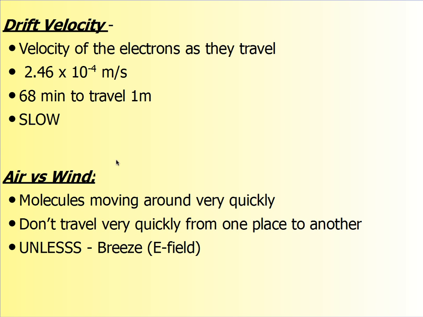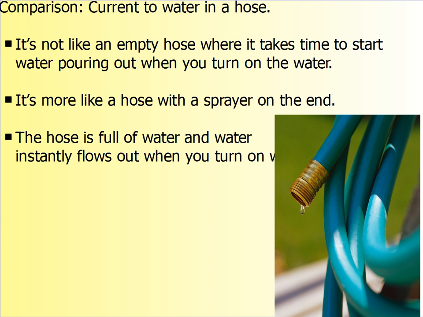Now you can think of this like air and wind. Air molecules are moving around very quickly, but they're not traveling quickly from one place to the next unless you have a breeze. Electrons are moving, but the electricity doesn't travel unless you have an electric field, parallel to the breeze, to move them from one place to the next.